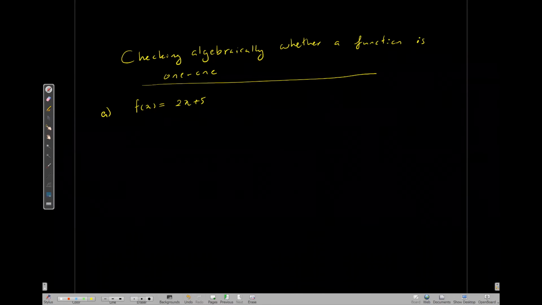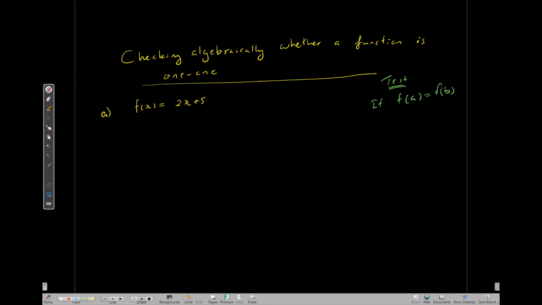Let me write down the test over here. I forgot to write it down. So this is the test. If f of a equals f of b, so a and b are some two numbers, then we must have a equals b. Now, what does this mean?